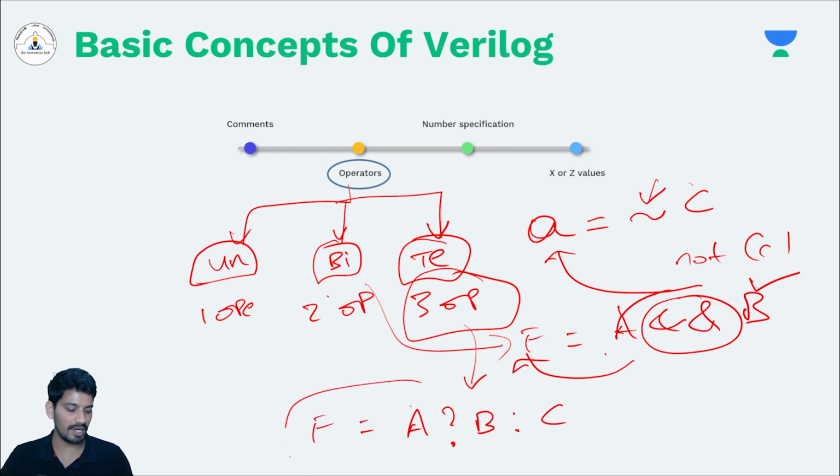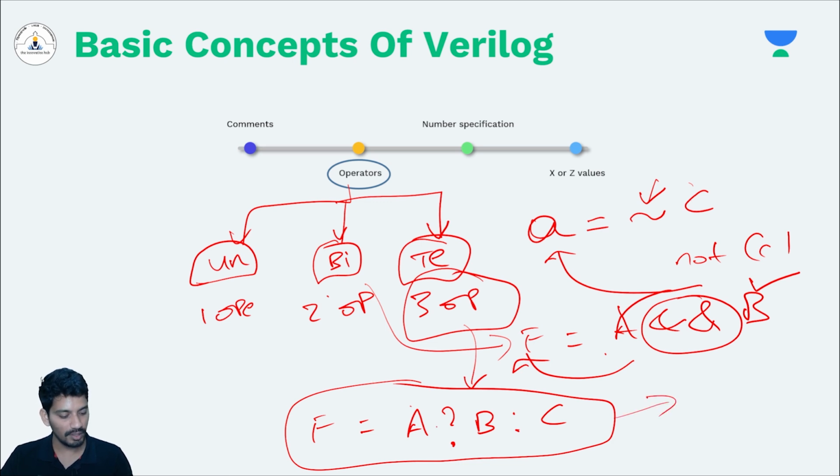So what is its functionality? If you remember, this is very similar to C language syntax, right? You are asking whether A is true or false. If A is true, meaning if A is 1, then execute this statement. If A is false, then execute this statement. This is the purpose of the ternary operator. It is very helpful for doing an if statement.